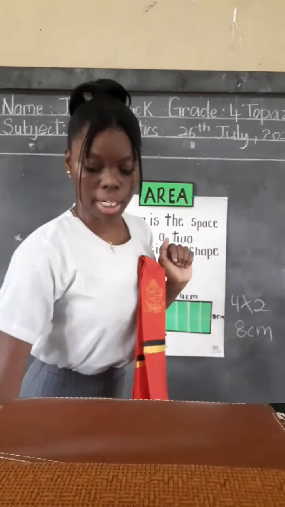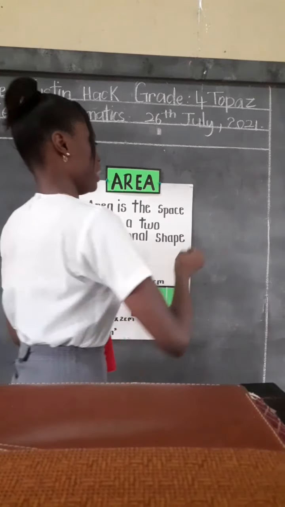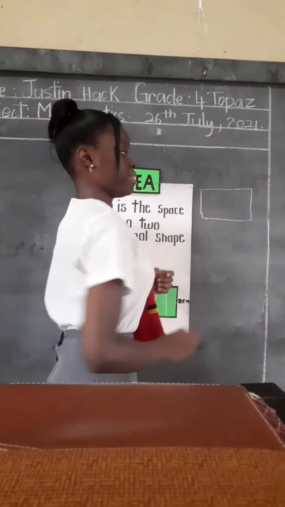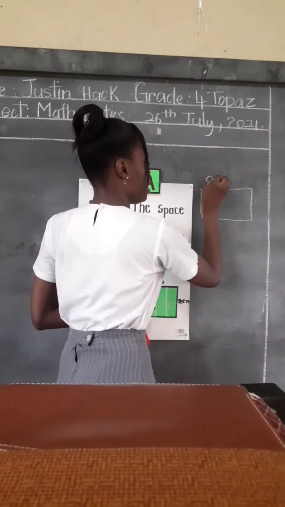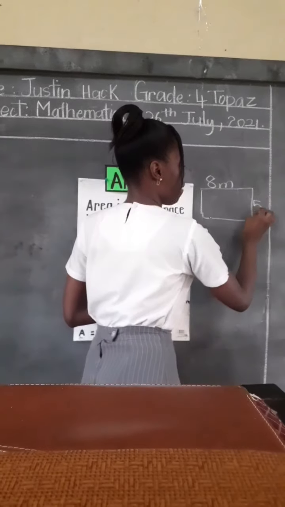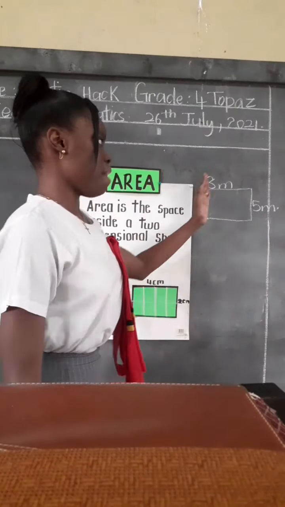So let's do another one. Let's say we have a rectangle with its length 8 meters and its width 5 meters. It doesn't have any grid, so we use the formula method again.